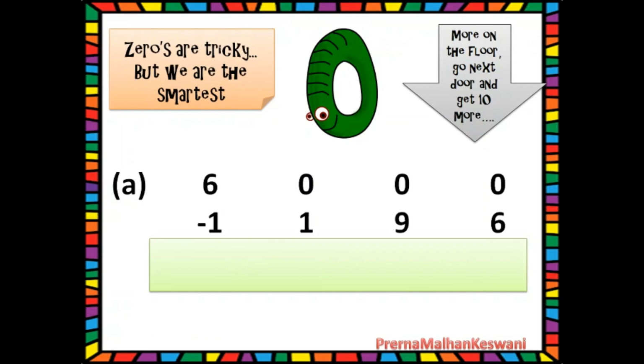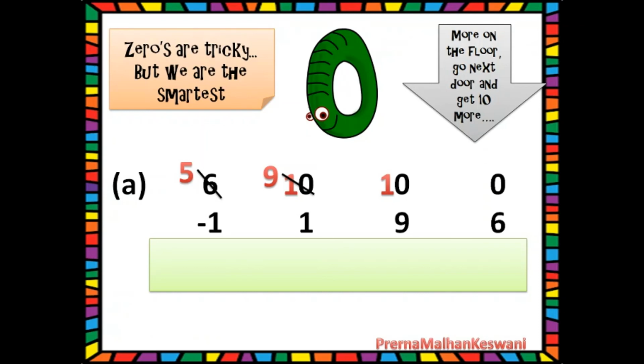So this 6 will become 5 and the next 0 will borrow 1/10 and become 10. But we have to go till the last 0. So we will borrow 1/10 from this 10 and this will become 9 and the next 0 will become 10. But again we have to repeat the process as we have to go till the last 0.